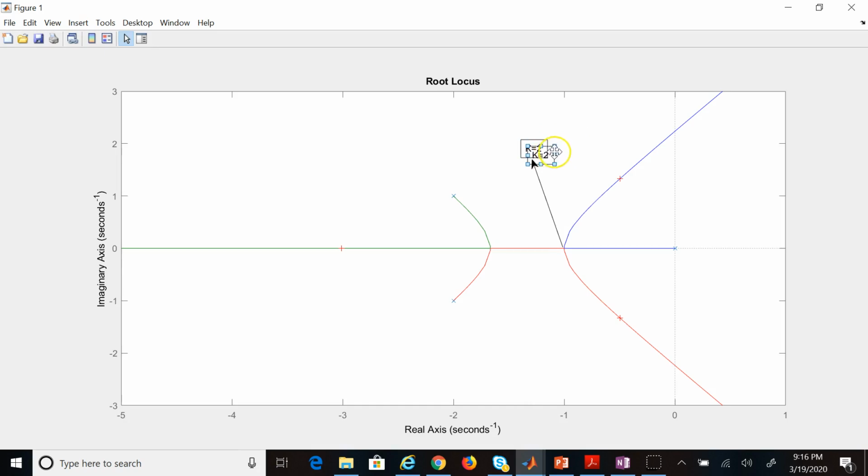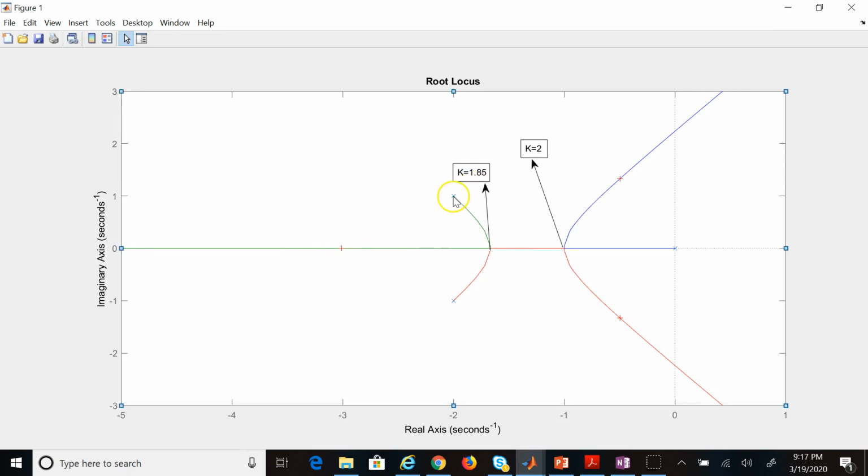Then I have k of 1.85 here. And I need an arrow, which is at this point.